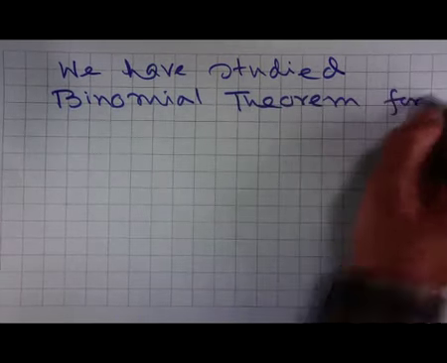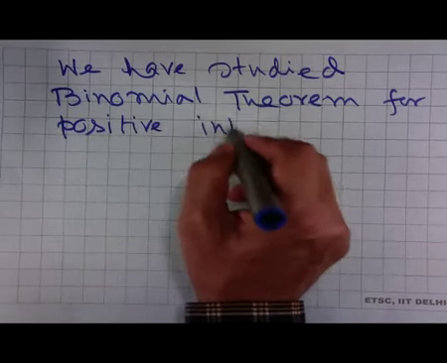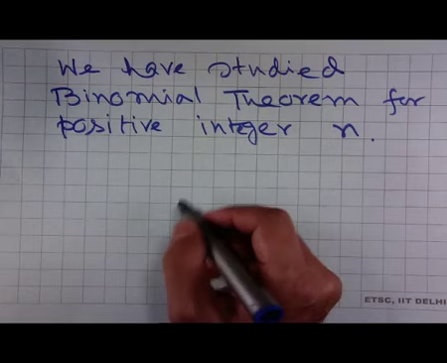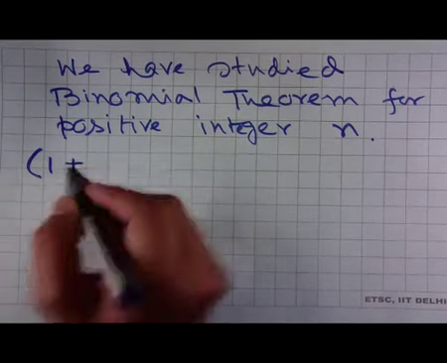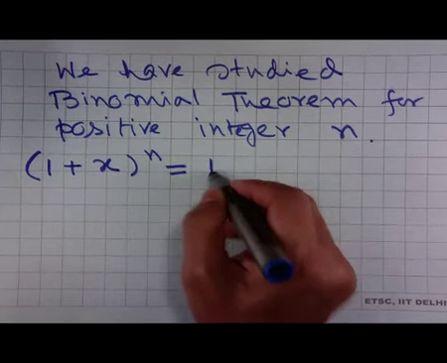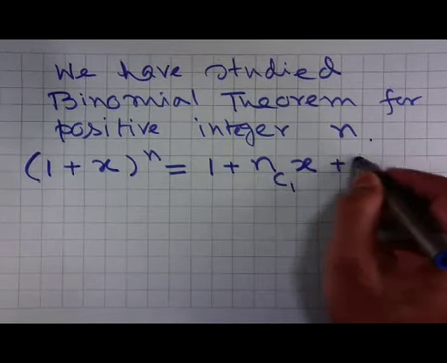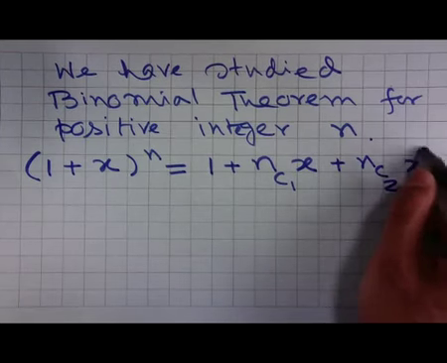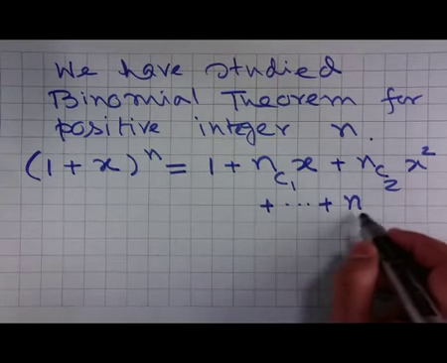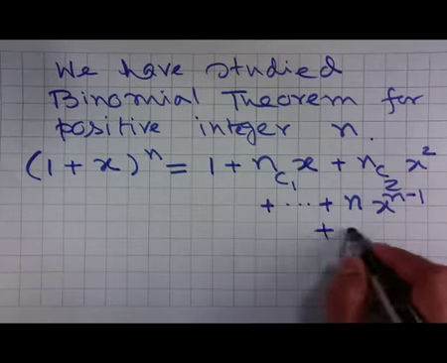For positive integer n, we know that (1 plus x) whole to the power n is equal to 1 plus nC1 x plus nC2 x square plus ... plus n x to the power n minus 1 plus x to the power n.